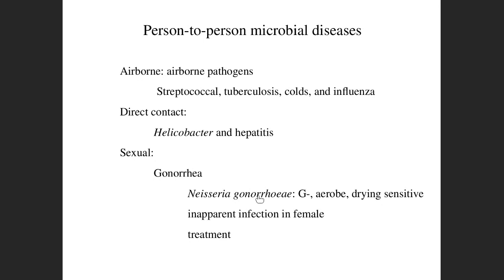And we often stain them, and you can see them in the pink color, very tiny. And one of the problems that causes continuous spread is that the infection in females is not obvious. And in terms of treatment, antibiotic treatment still works.